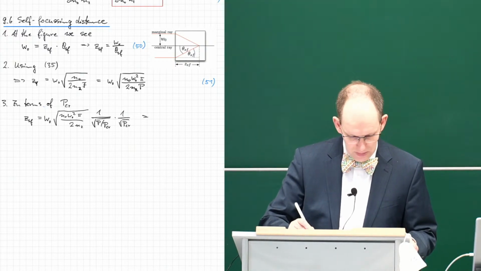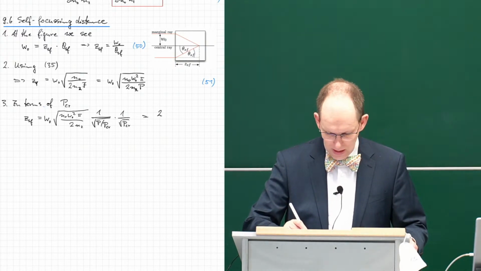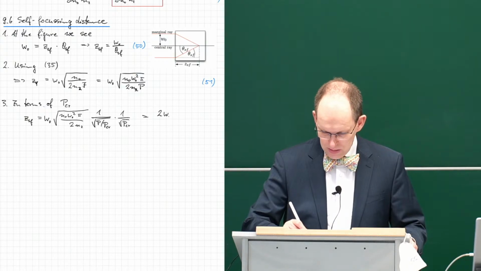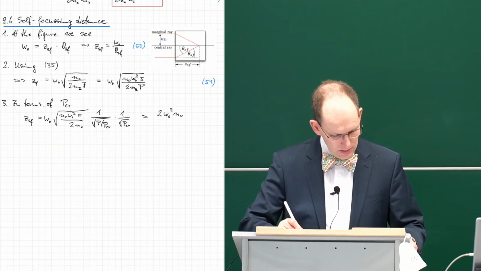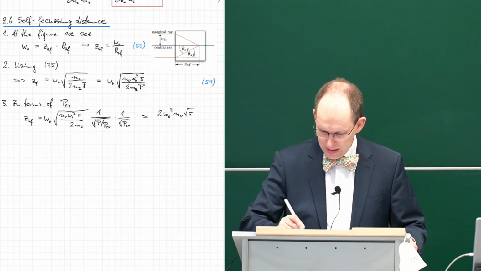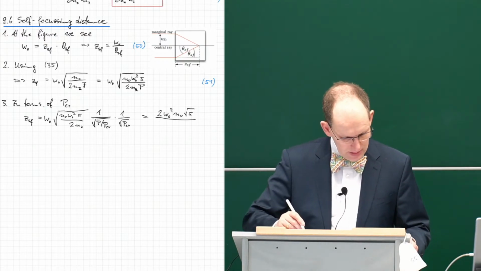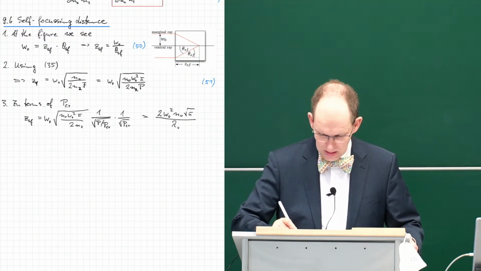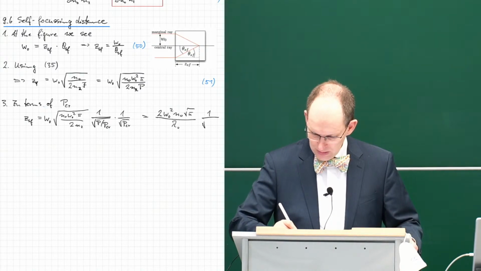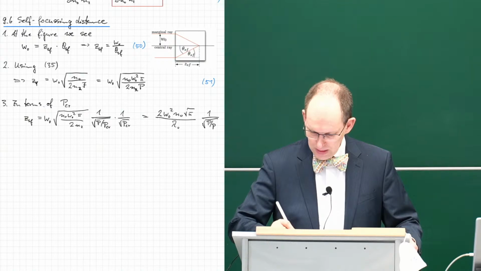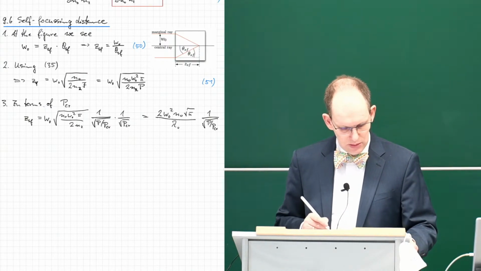And then we find 2 times W0 squared times N0 times the square root of pi divided by lambda 0, and then 1 over the square root of P over the critical power.